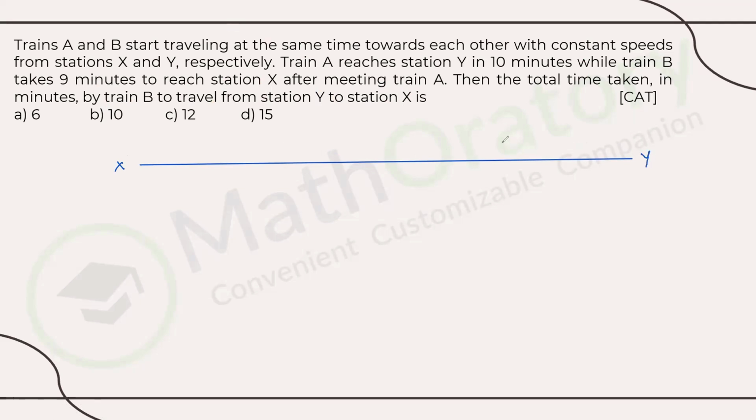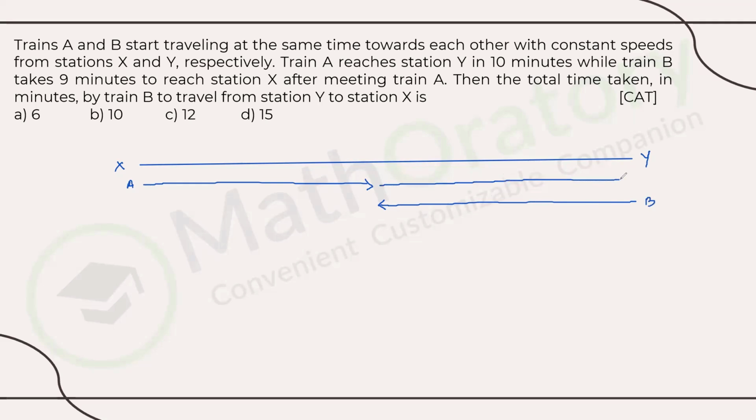We don't have the distance, we don't care about the distance. Suppose this is where they meet. This is train A. This is train B. And beyond meeting, this is what happens. Right. They reach their respective destinations.